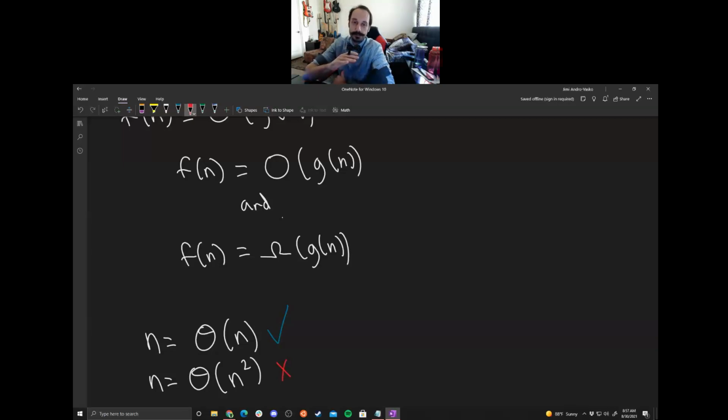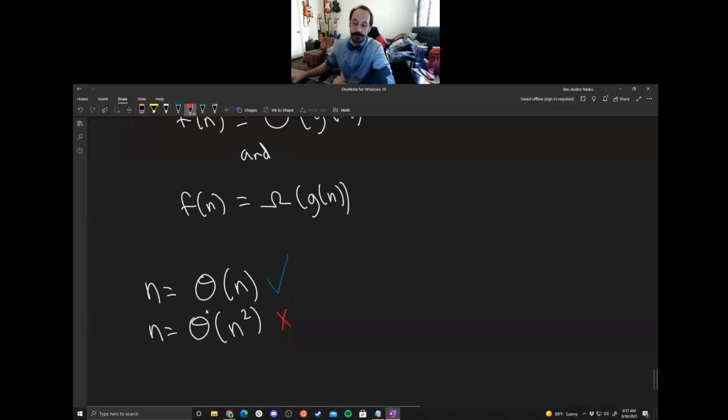It's not up to or at least, it has to be exactly n squared, and n is not exactly n squared. If I had said n equals O of n squared, that would be correct. Not a very strong statement, but valid. But in this case it's not valid because theta implies it has to be exact.